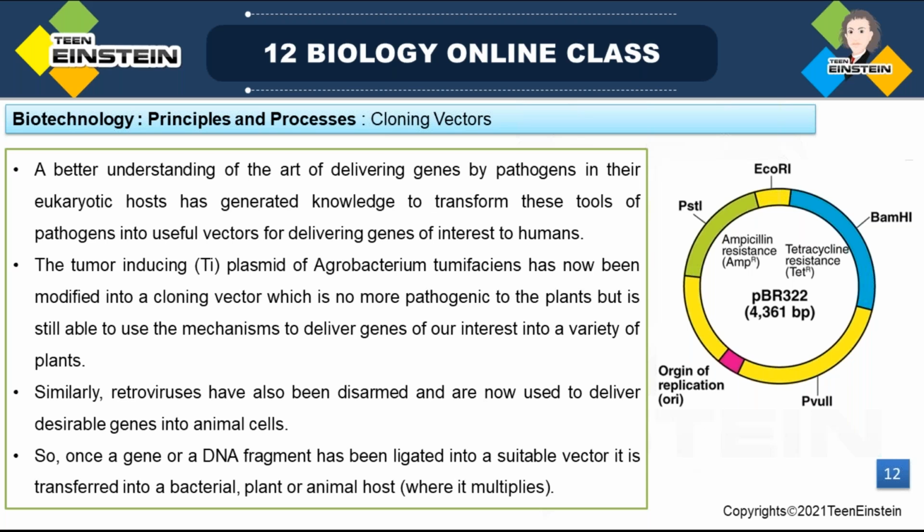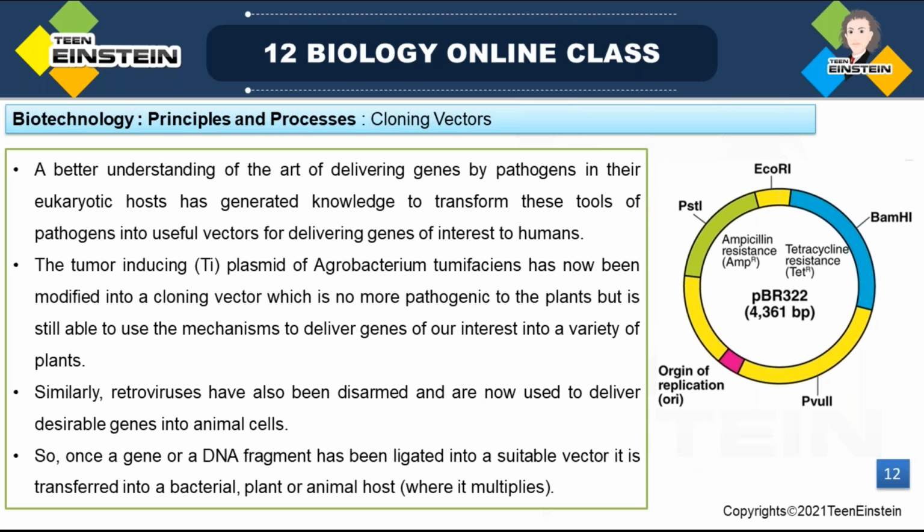Got it? To the same cell that it causes disease in, with the help of these pathogens, they are delivering the gene of interest. So here they transform these pathogens into useful vectors.